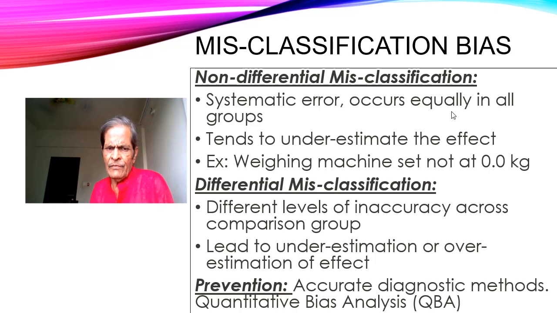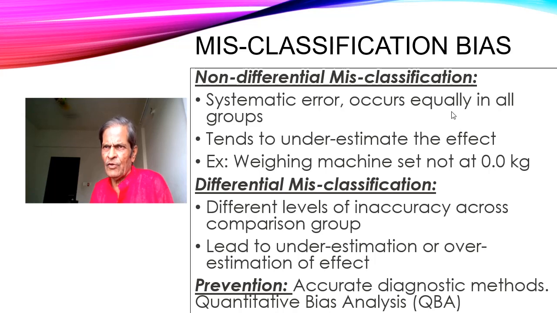After the study is done, we can have what we call a quantitative bias analysis. We can see, for example, what percentage of cases were followed by the professor and what percentage of controls were observed by the professor. What was the percentage of cases observed by the junior person?